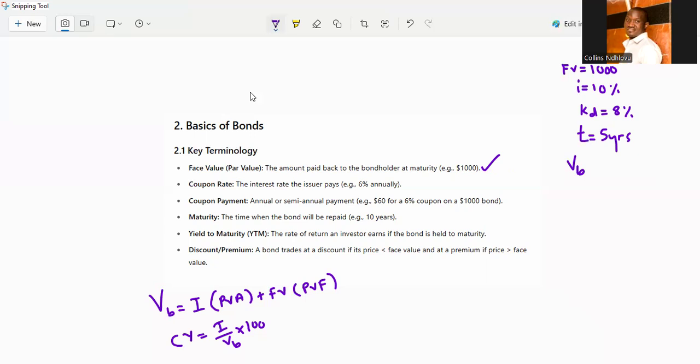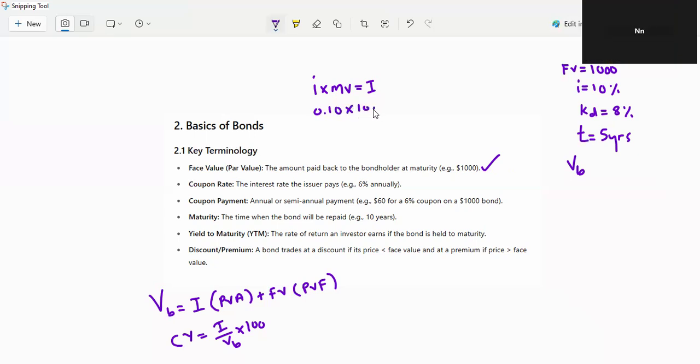Our coupon interest, small i, when you multiply by the face value or the maturity value, we call that what? The big I. So this becomes the coupon value. So 10% of 1,000, what do we get? 100.